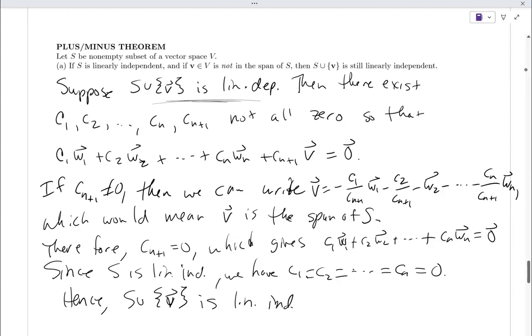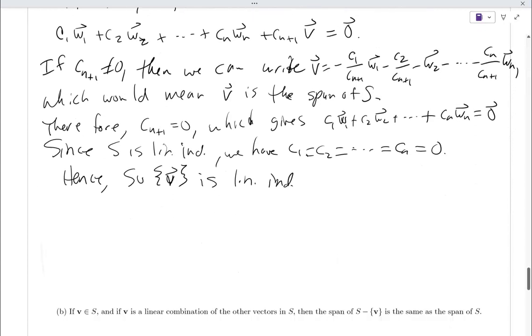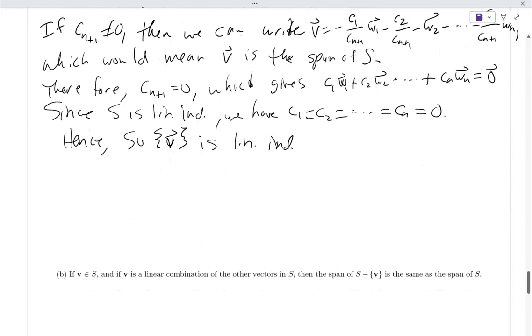So that's actually the second part of the theorem, where it says that if I have a vector in S and I can actually write it in terms of other vectors, then I don't need it. Right? I can throw it out and still get the same span.